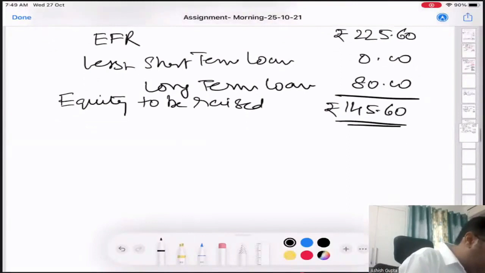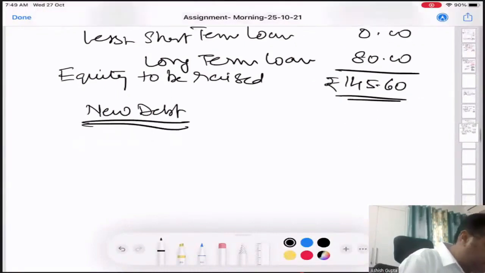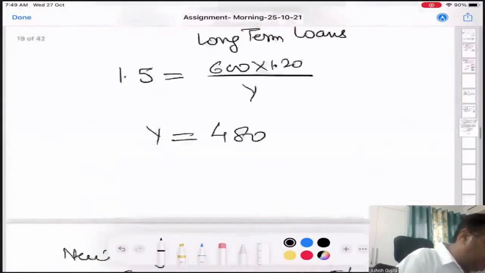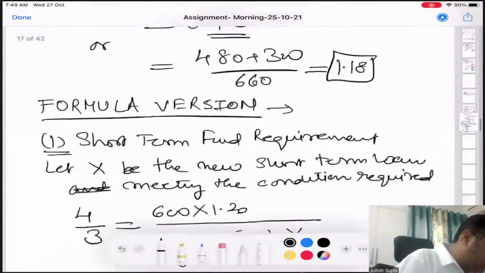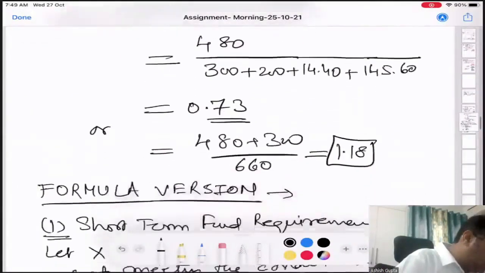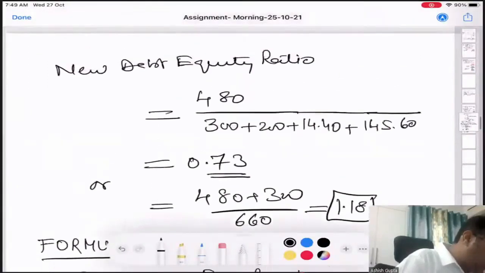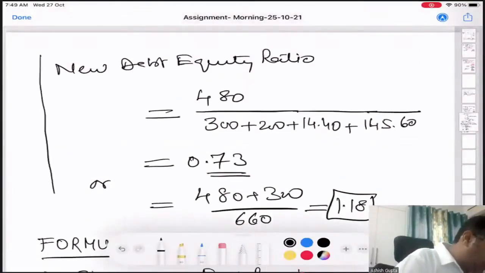Now we have seen the new debt equity ratio. So it can be taken both ways. This answer will be the same.